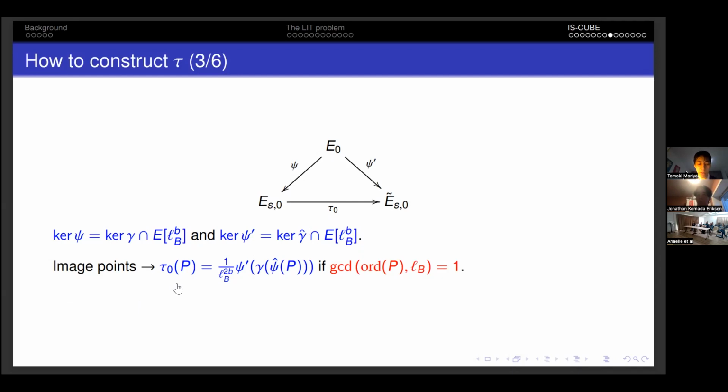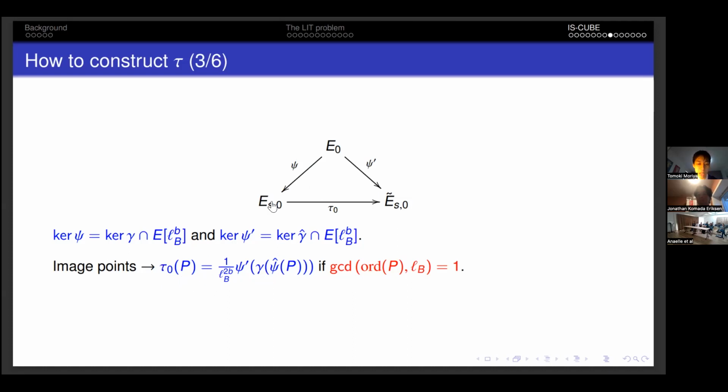It is easy to compute if the order of P is coprime to L_B. We can compute tau 0 of P by psi prime, gamma hat, psi of P, which is equal to phi prime.